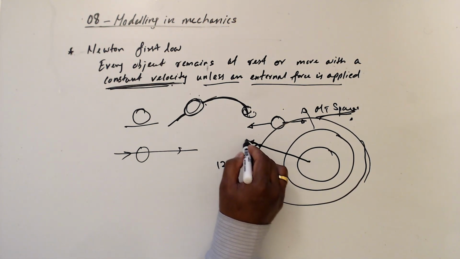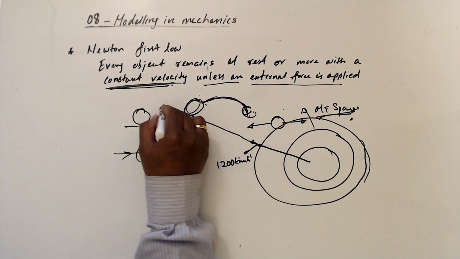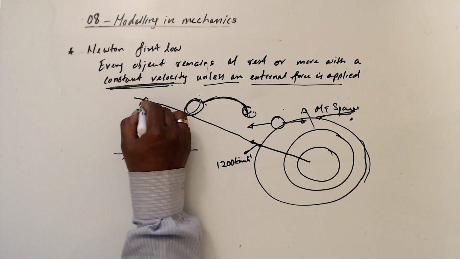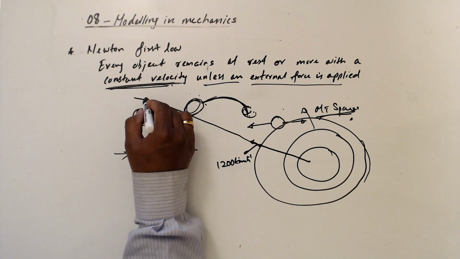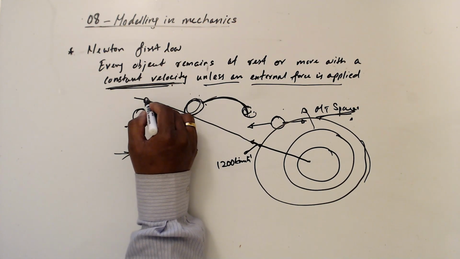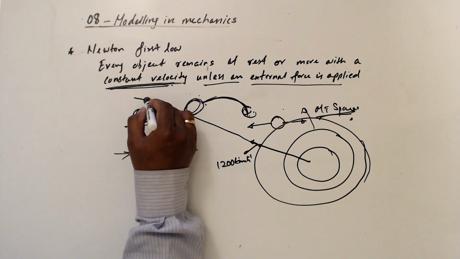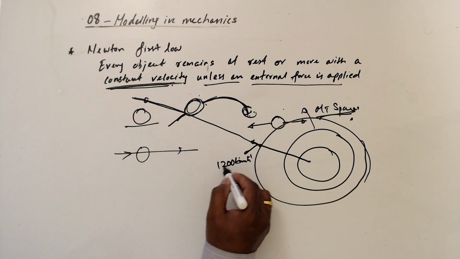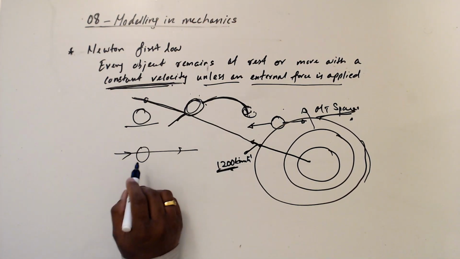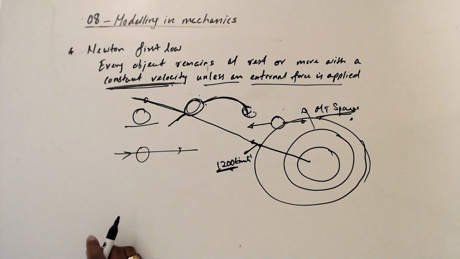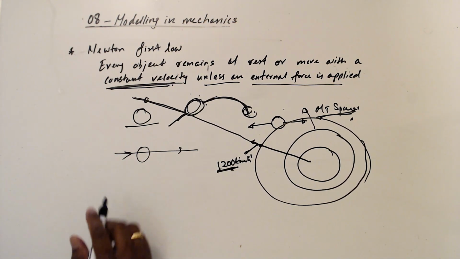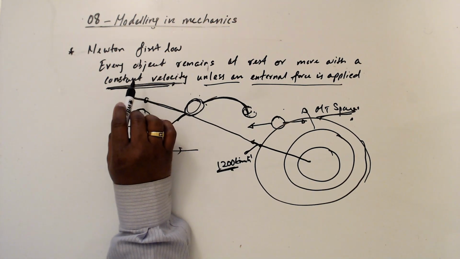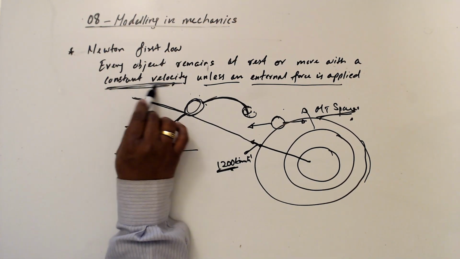Then after that it keeps moving through the whole universe until it changes direction by a force from a collision with some other thing. Apart from that, it is moving at this constant speed. So this is the best example of what Newton is mentioning. That is constant velocity.